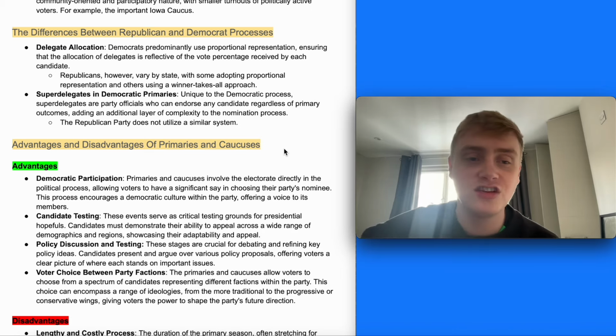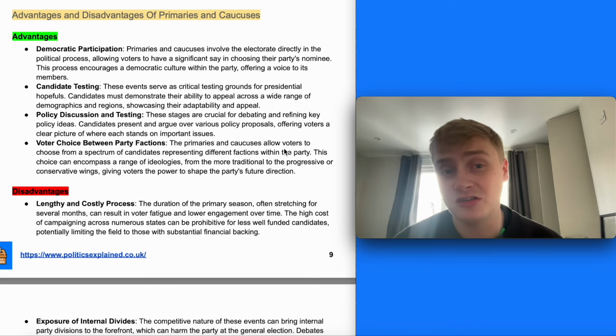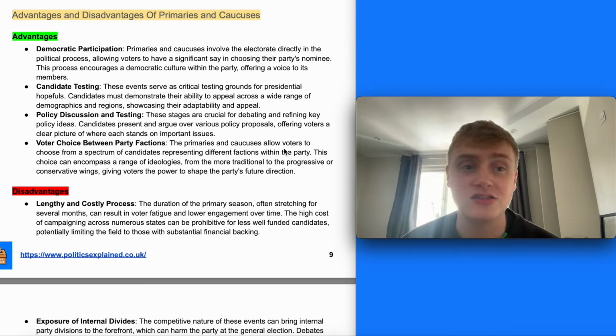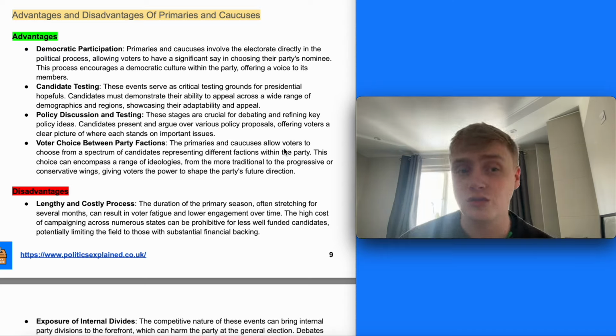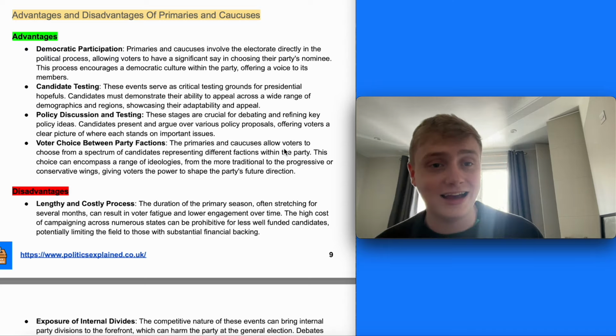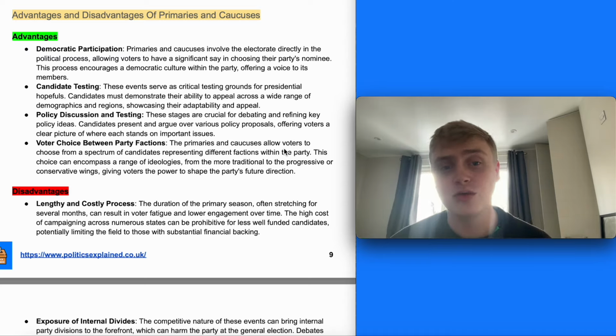In terms of the advantages of primaries and caucuses, the first key one is democratic participation. So they involve the electorate directly in the political process, allowing voters to have a significant say in choosing their party's nominee. And this encourages a democratic culture within the party, offering a voice to its members. Crucially, they also test candidates. Candidates can demonstrate their ability to appeal across a wide range of demographics and regions, and therefore showcase their adaptability and appeal.